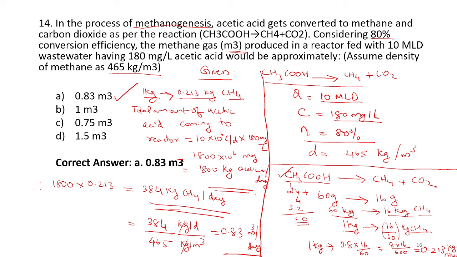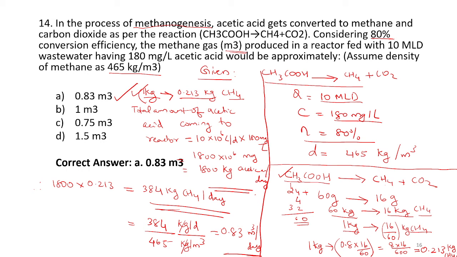Yes, madam. Therefore, by doing this calculation, you get 0.213 kg methane. It is simply 0.8 into 16 by 60. It's clear, right? Correct. We know that 1 kg of acetic acid produces 0.213 kg of methane.